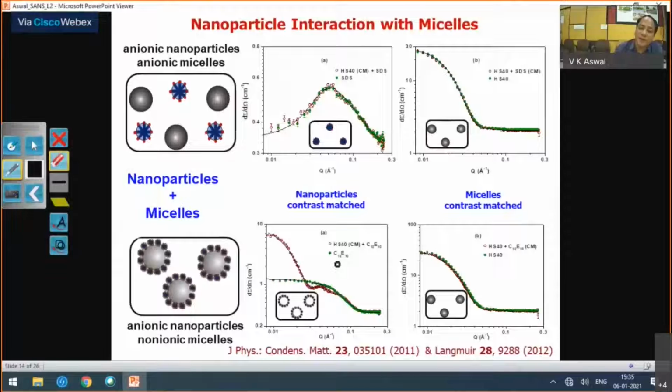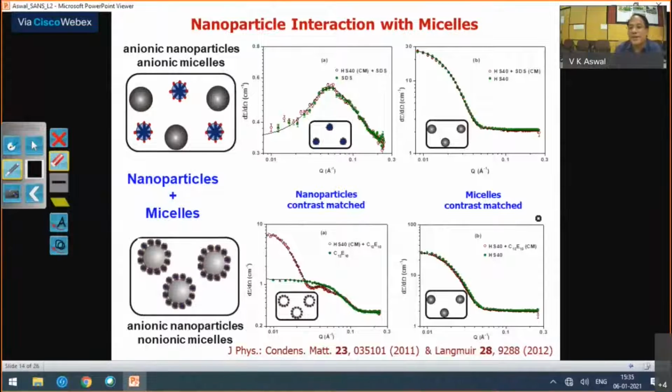And what about the nanoparticles only? So now you contrast match these micelles and only see the nanoparticles. So they are the same. So nothing happens to the nanoparticle. Only it's the micelles which are redistributing themselves, and nothing is happening to the nanoparticle. So there is no change.